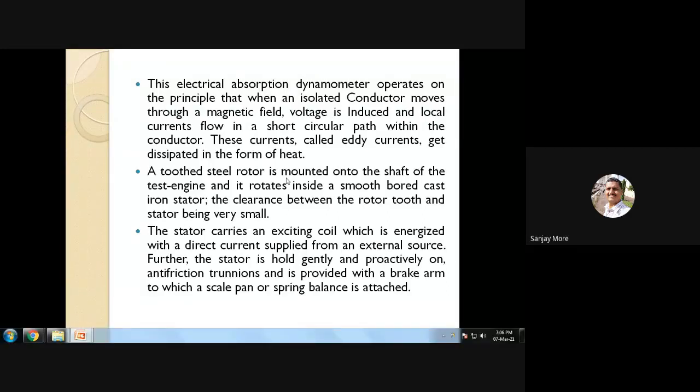Further, the stator is held gently on anti-friction trunnions and is provided with a brake arm to which a scale pan or spring balance is attached.